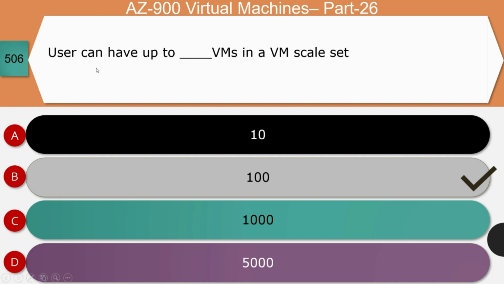So here there is no mention about whether it is a custom build or a marketplace image. I would suggest opting for option C for this question, because it's very near to the answer, 1000 VM instances for marketplace images, and so please go with option C instead of B.